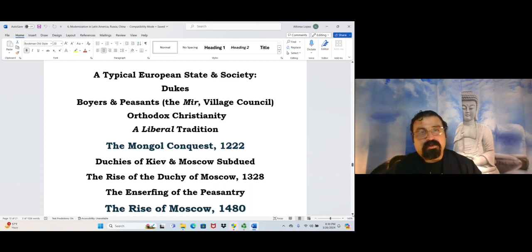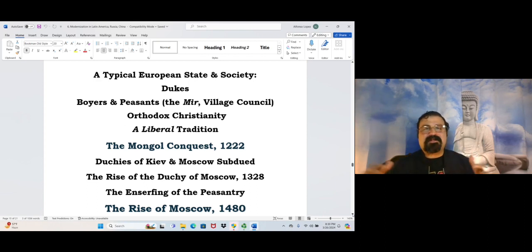This is a rural society in which the vast majority of the population are peasants. So this is also a society in which the vast majority, over 90% of the masses, are peasants. And the peasants live in villages. And each village had a governing council known as the mayor.